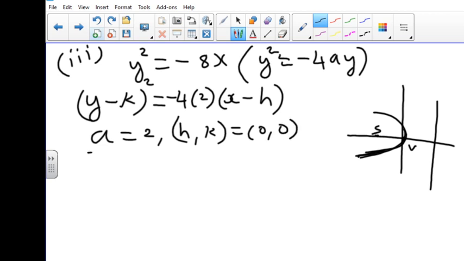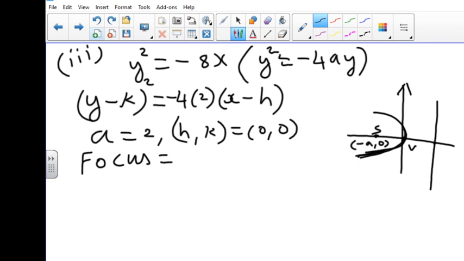And so now what about the focus? Here we have the focus on this side, so it is minus a comma 0. And this is the directrix, which is parallel to the y axis. Any line parallel to the y axis will be of the form x is equal to h.